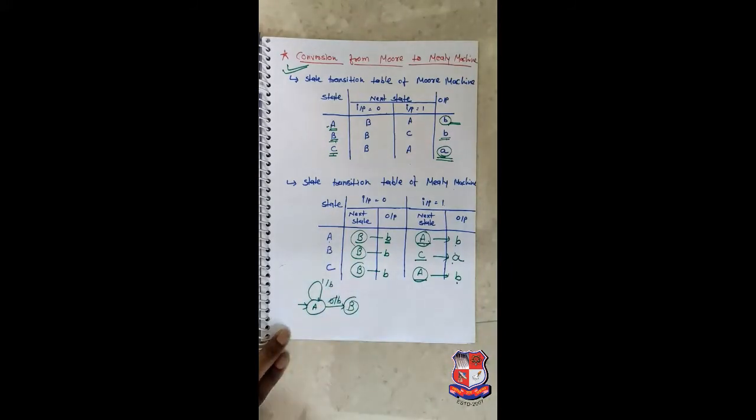As we know, a Mealy machine depends on the input as well as the current state. So we are writing the output with the input and state.